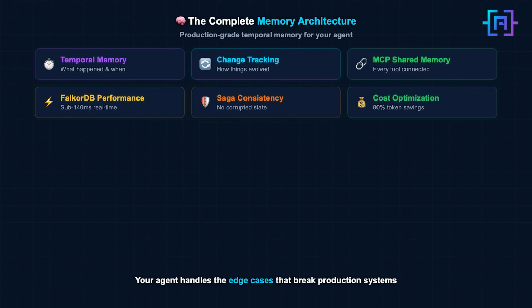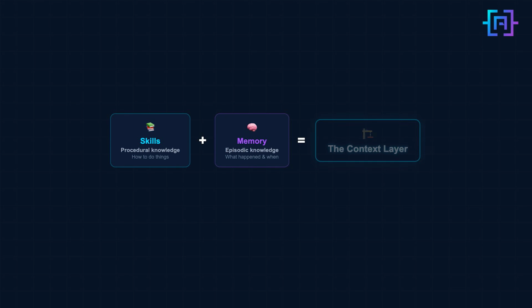And it handles the edge cases: timezone-aware timestamps, consistent ingestion with Sagas, cost-optimized LLM calls. Combined with the skills from part 1, your agent now has a complete context layer: procedural knowledge, how to do things, and episodic knowledge, what happened and when, connected through MCP.